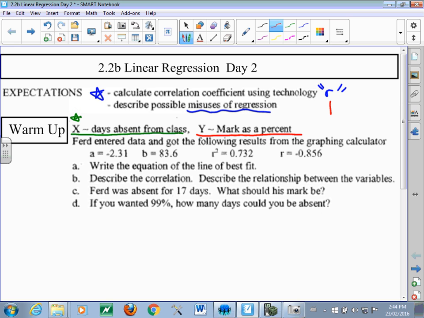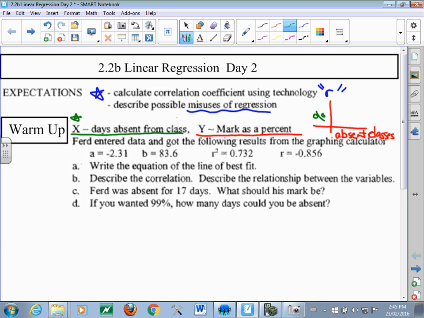If I have a quick graph here, my absent classes are on the X-axis, and on the Y-axis we're doing mark in terms of percentage. And we're going to correlate these two. How are these two related?